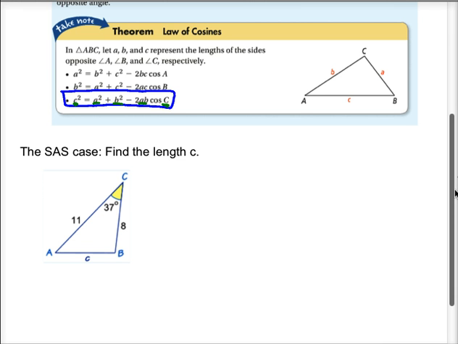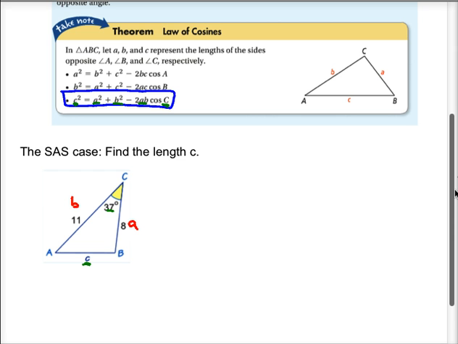So that's why we're going to use the law of cosines. All right, so here they already have it labeled for us, but we're looking for side C, and we have angle C. So that means, respectively, these are little a and little b. Those are the other side lengths that we're talking about.